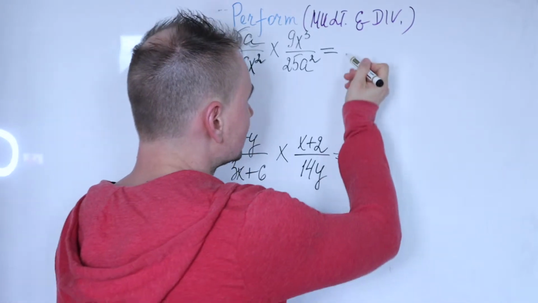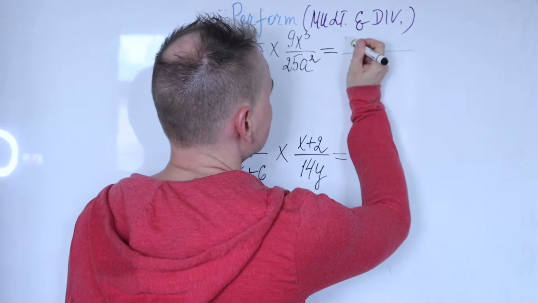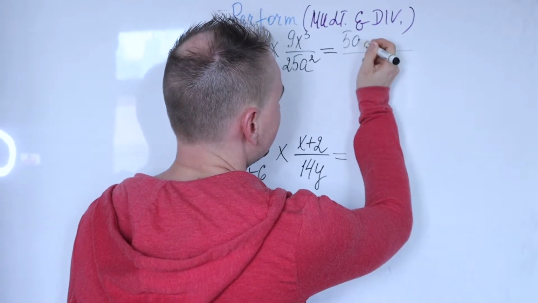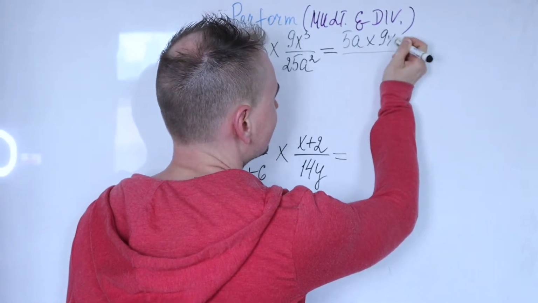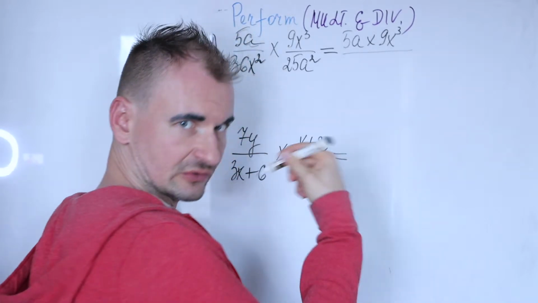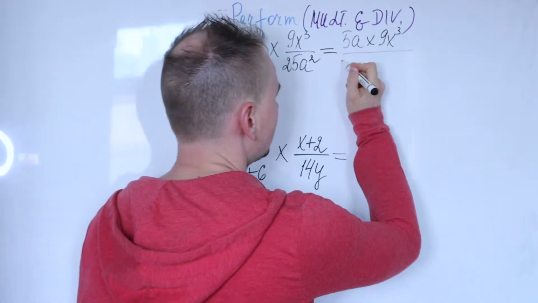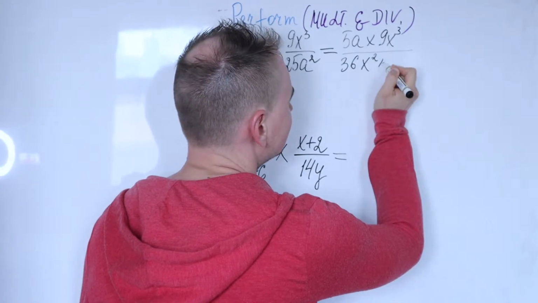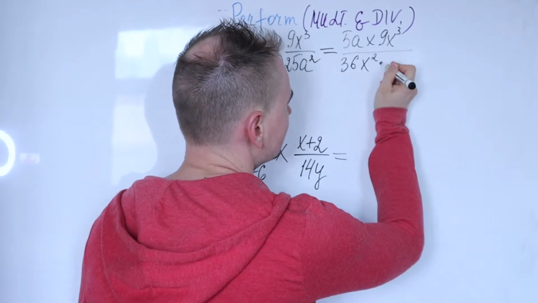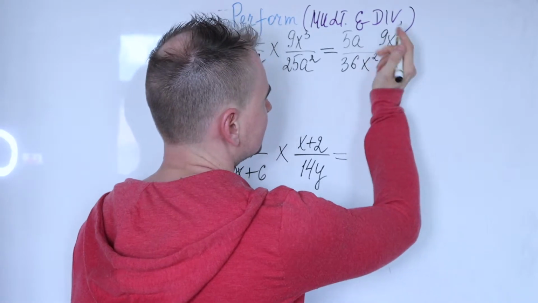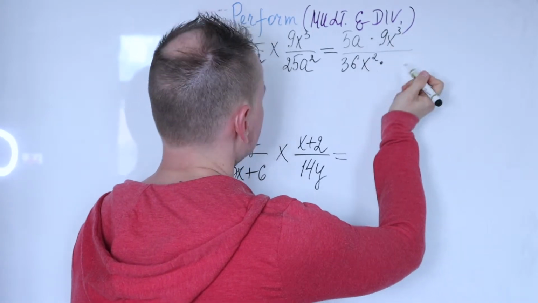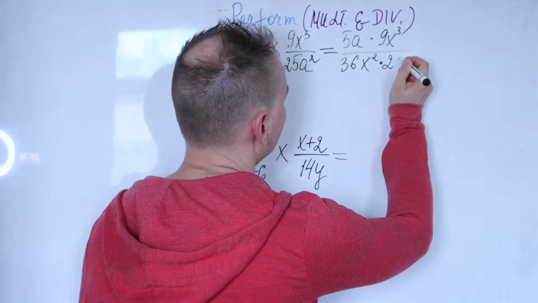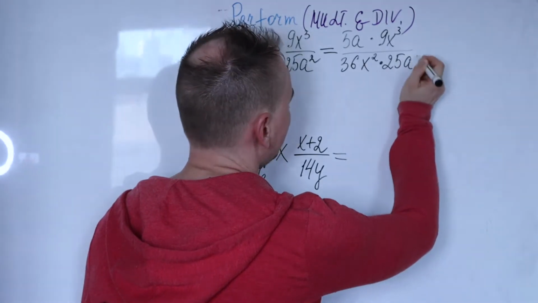For the first one, you get 5a times 9x cubed on top, and your bottom becomes 36x squared times, I will just write it as a dot in order to not confuse with x.